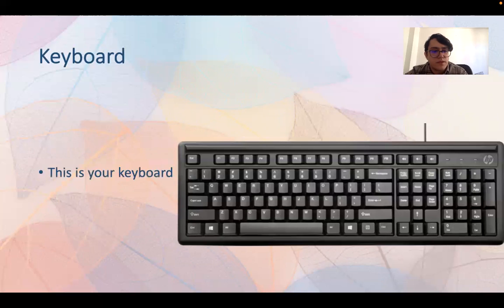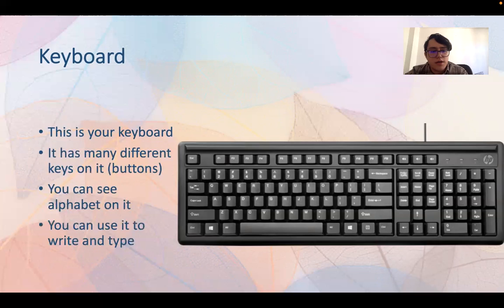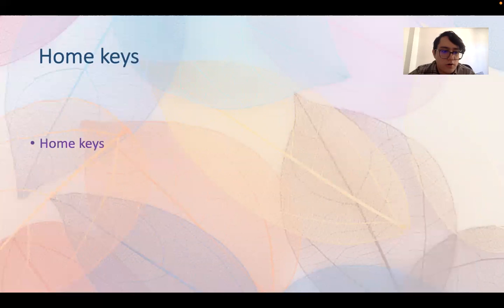alphabet. So this is the keyboard. It has many buttons, and all the alphabet on it for you to type a word in English or German or any Latin alphabet that there is.